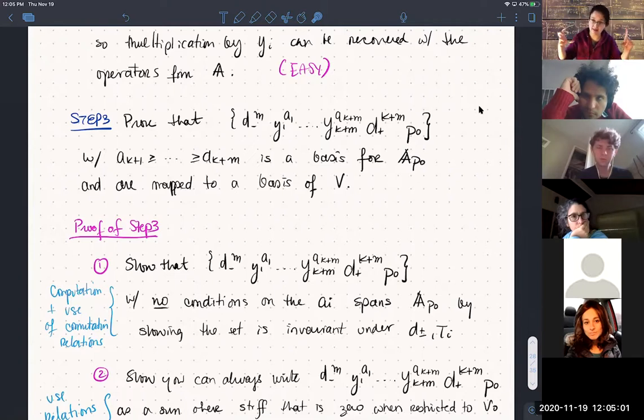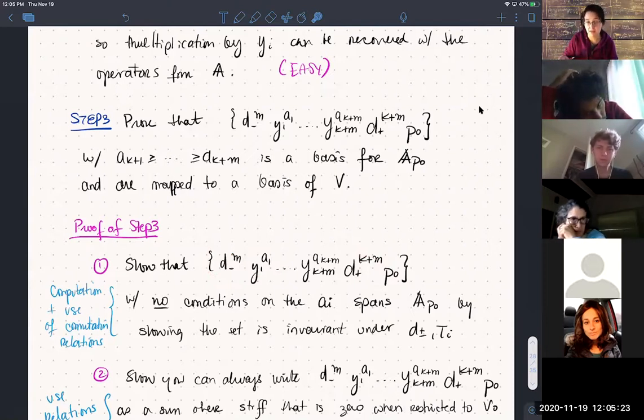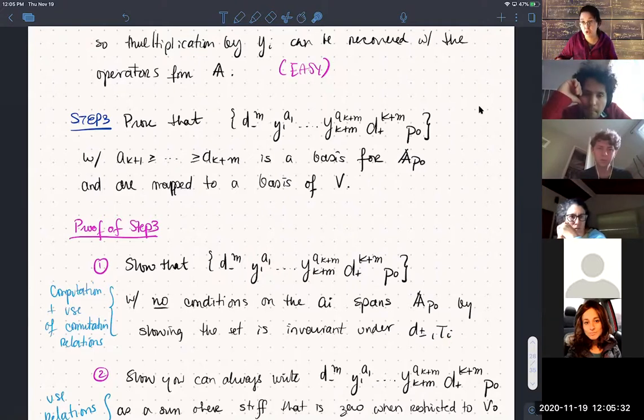If you have a spanning set for this vector space, that means that if you act on these elements by d plus, d minus, and ti, the result also has to be expressible in terms of things of this form. So that's equivalent to saying that this set is invariant under the action of ti, d plus, and d minus. And that's exactly what they show. They take an object of this form, apply d plus, apply d minus, and apply ti, and show that the result can be written as a sum over stuff of this form. At this point, we don't have any conditions on the a's. They're just whatever they want to be.